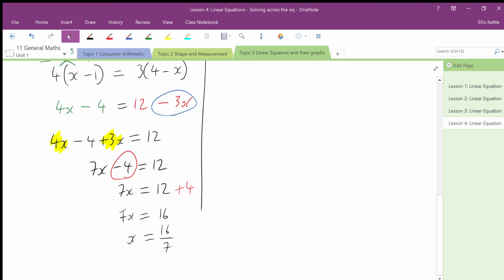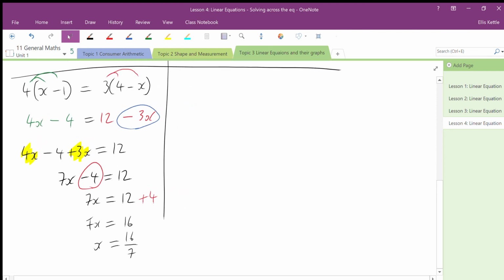Alright, so that one was a little bit more complicated. And if you wanted to round that, we could get it that it's 2 and 2/7, or 2.28 something something. But I'm just going to leave it as a fraction. X is equal to 16 over 7.